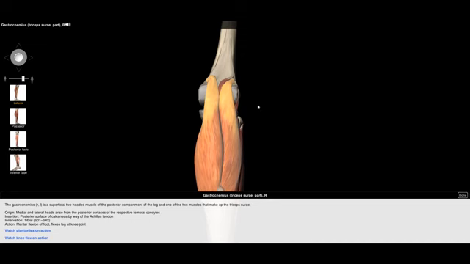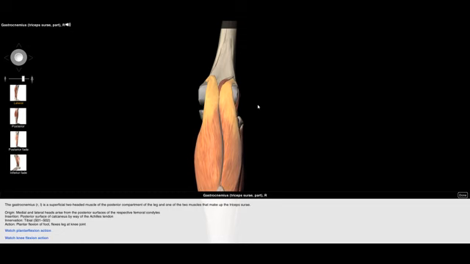While our textbooks don't really describe rotation as a function of the gastroc, as we start to learn when we look at things on Earth as opposed to out in space, and we have ground reaction forces going through the foot as our foot hits the ground, and we stimulate a rotary component all the way up the entire lower chain, and we'll look at that in a couple of weeks, we can see that there is going to be a contribution of rotation from the gastroc to the femur.